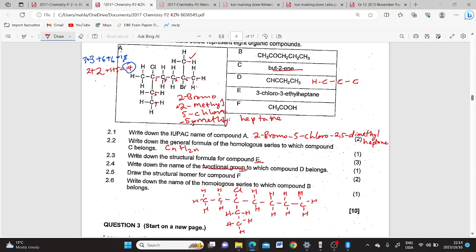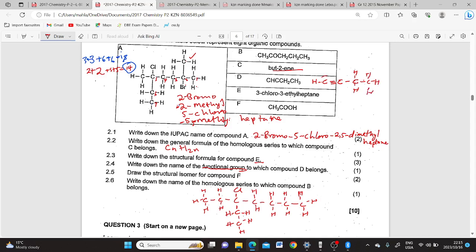So we have 1, 2. This one is having 1, 2. So we need to have 1, 2, 3, 4. Then 1, 2, 3, 4. Then this carbon is having 2 hydrogens like this, and the last carbon is having 3 hydrogens.